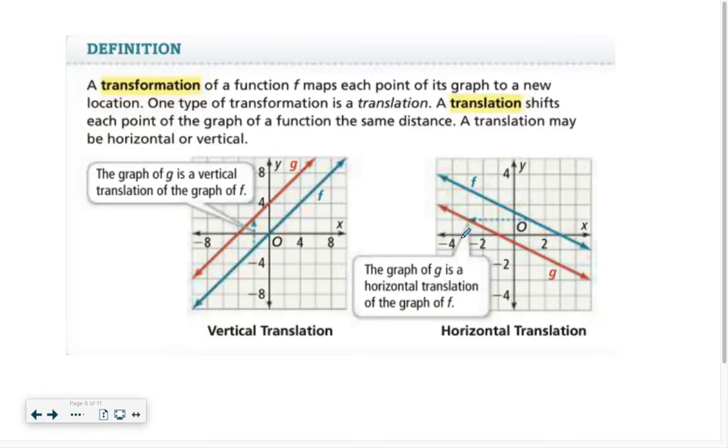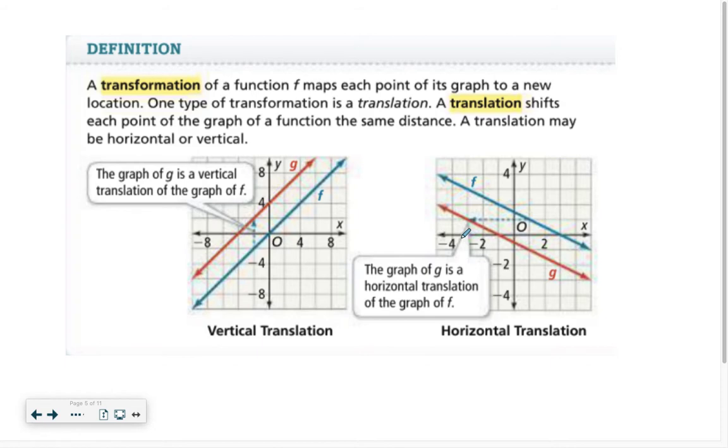Now, let's talk about what a transformation is. You learned back in pre-algebra and even in earlier years that a transformation is any time you move something. Whether that means that you translate it, that's when you slide it left, right, up, down, or maybe you rotate it or you reflect it.